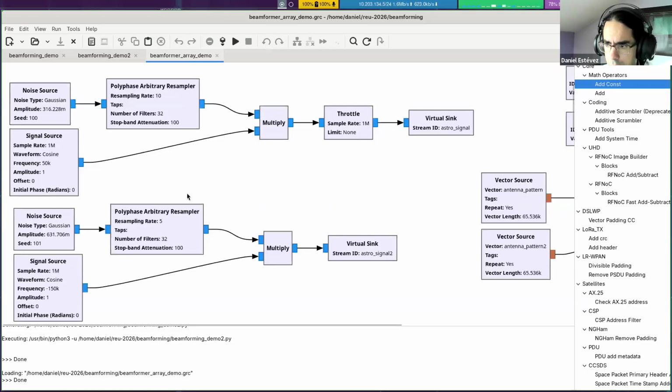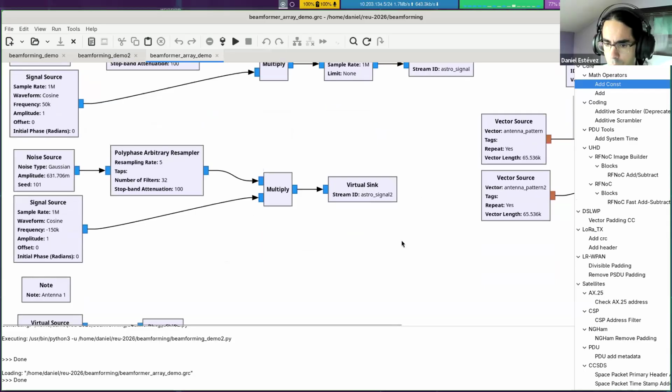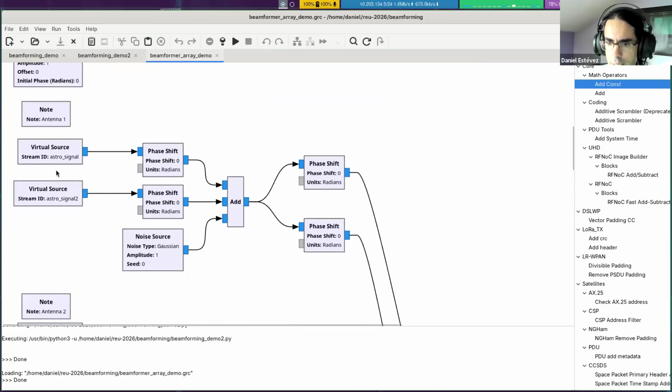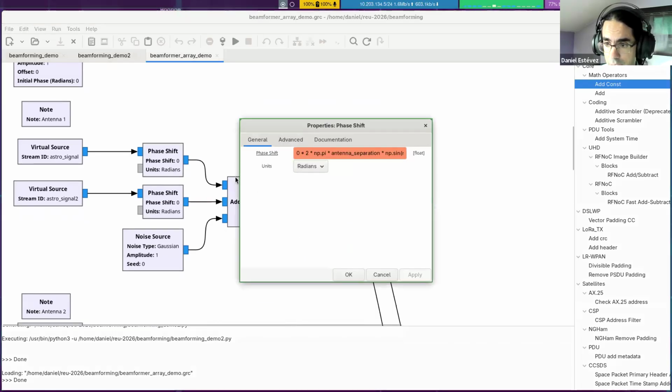So yeah, basically our two astronomical signals, astro signal 1, astro signal 2. Then these coming here, this is antenna 1. So they are phase shifted, and the phase shifts I'm applying are 0 times 2 pi times the antenna separation, which we will see in a moment, times the sine of the signal angle. So this is going to be 0, of course.